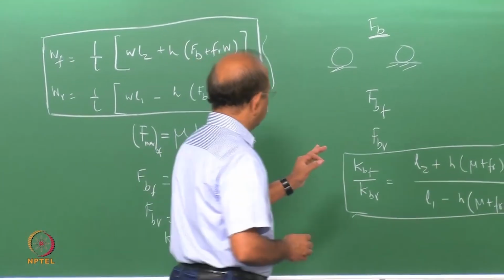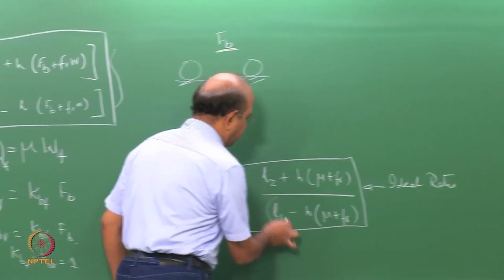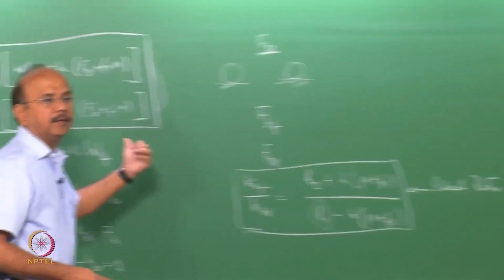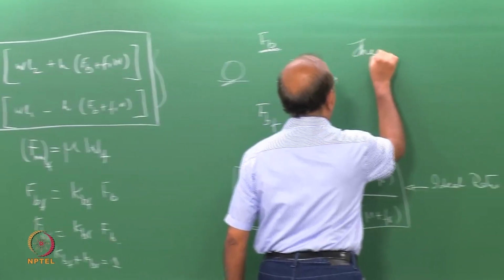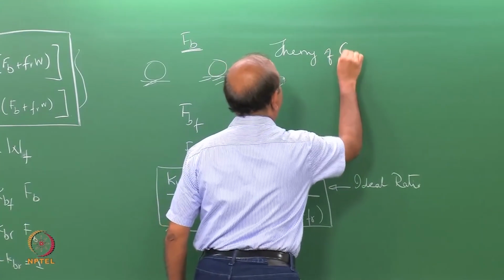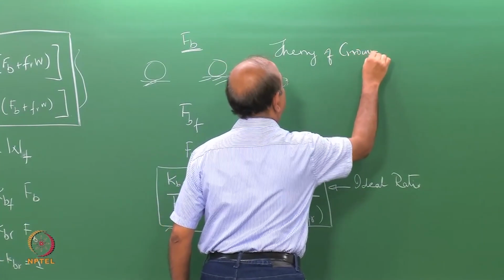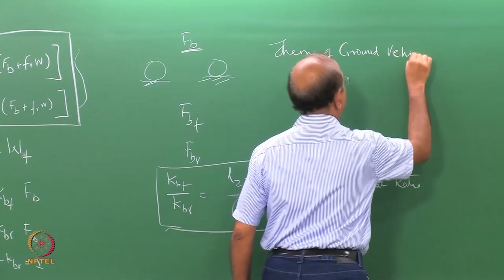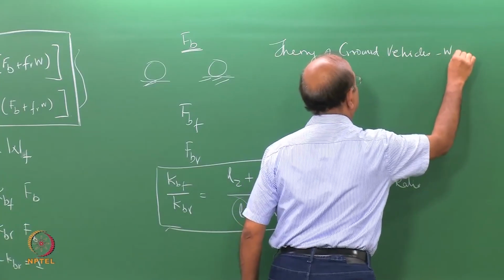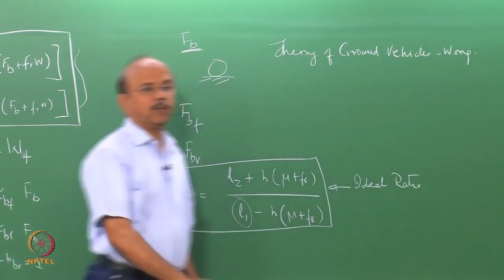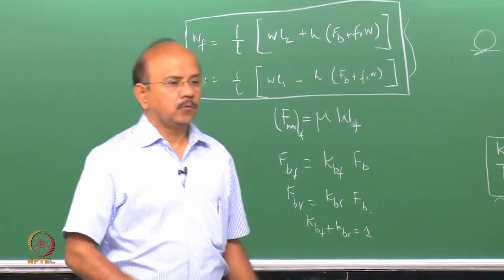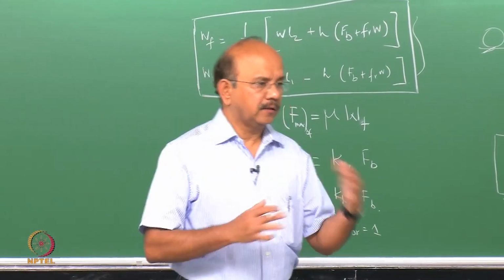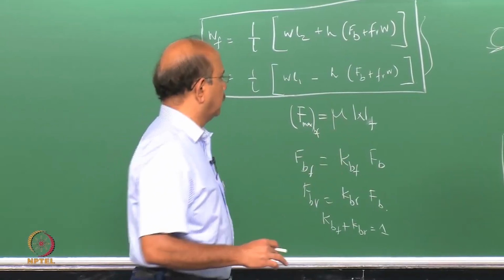Incidentally, L1 in many of the textbooks, and we are following Theory of Ground Vehicles by Wong for this part. We will shift from one book to the other, and our own experiences we will look at in this course.